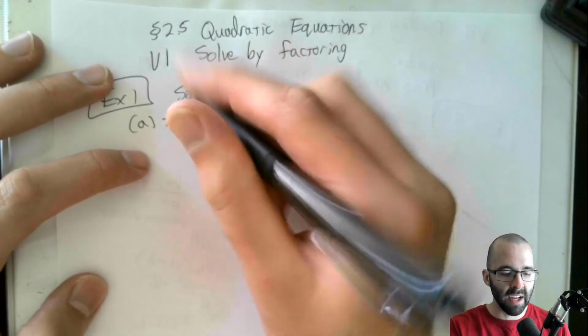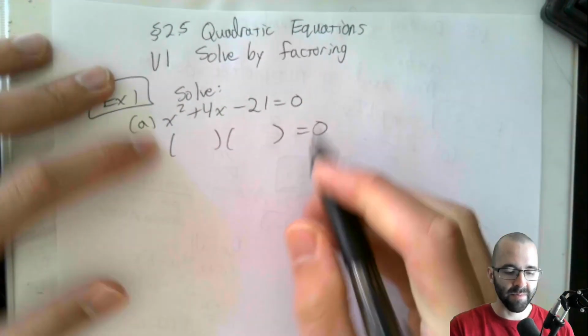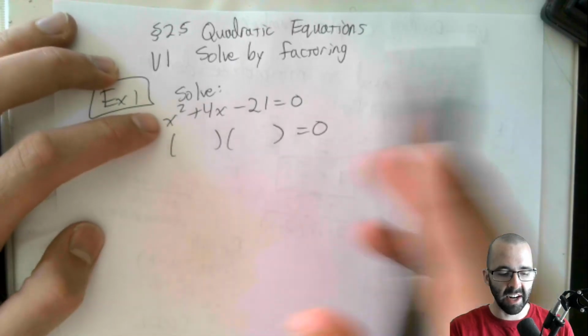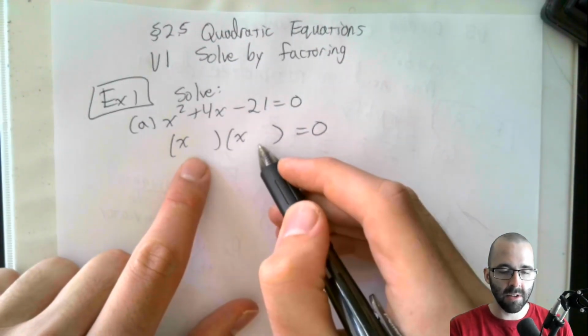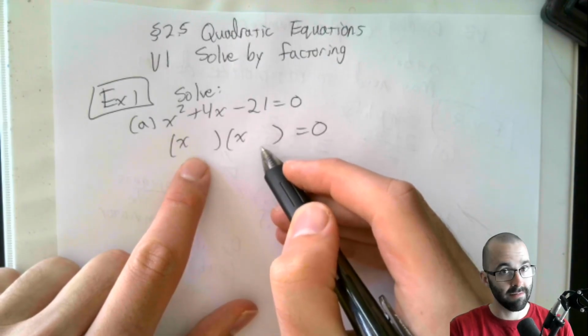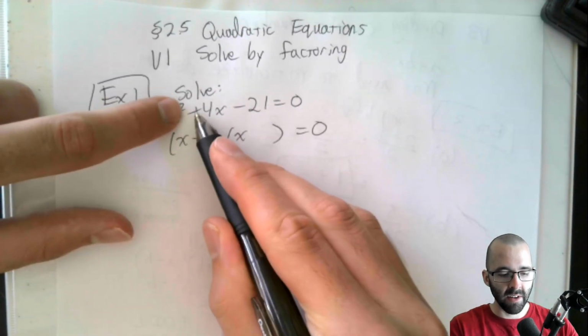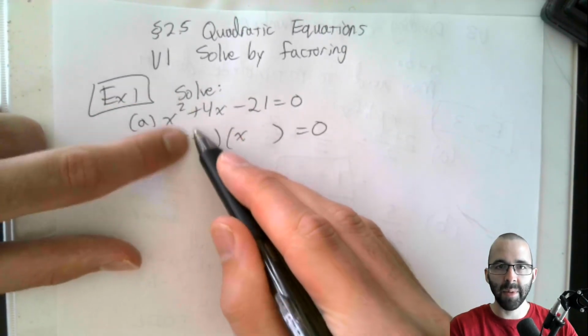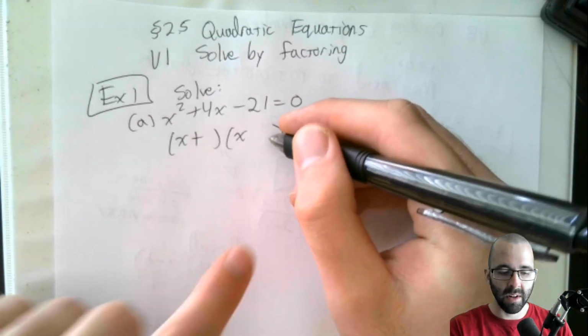It's a trinomial. We factor trinomials like this. What do we need to get x squared? The only answer is x and x. And then do we have pluses here or minuses? This first thing always tells you that's a plus, so that's a plus. These will always match. The unsure thing is the second one.